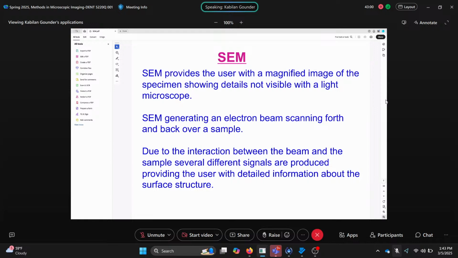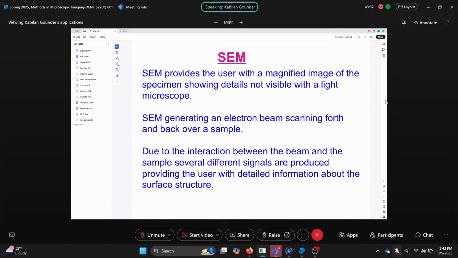The scanning electron microscope generates an electron beam, scanning back and forth over the sample. The electrons bounce back, as I mentioned earlier, so that you will get clear images. Due to this interaction between the beam and the sample, several different signals are produced, providing the user with detailed information about the surface structure.